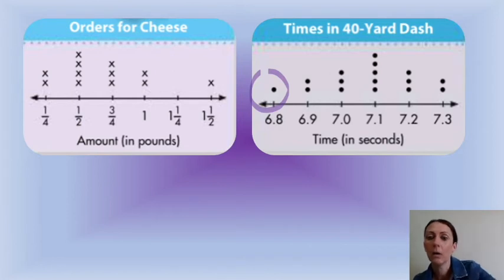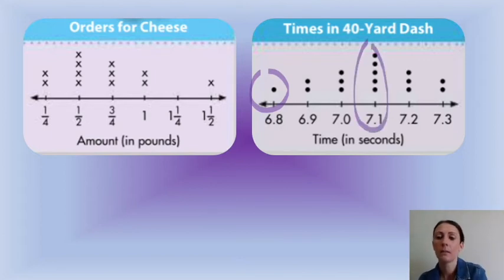Now, let's go over and let's take a look at this one. So, how many times in the 40-yard dash were recorded for 7 1/10 seconds? 5, right. How did you get that 5?